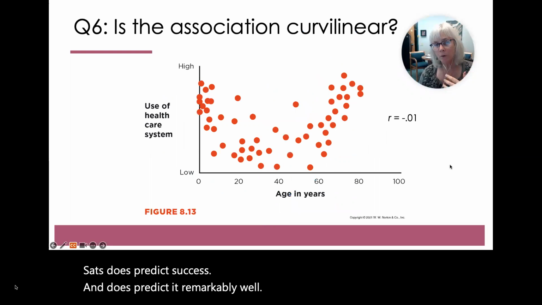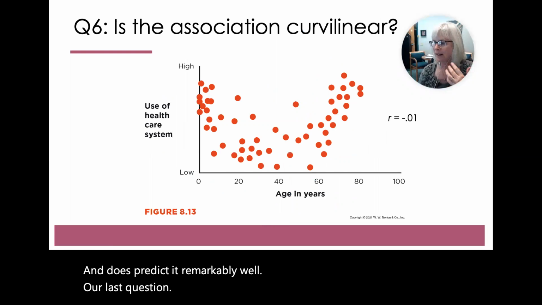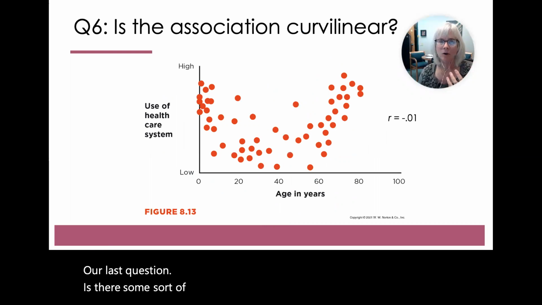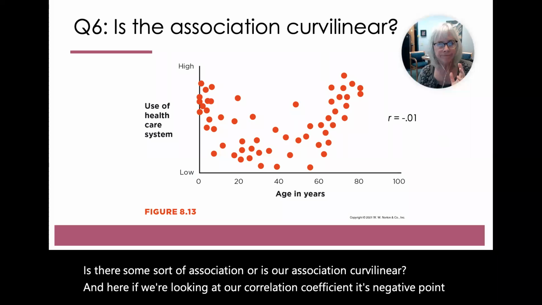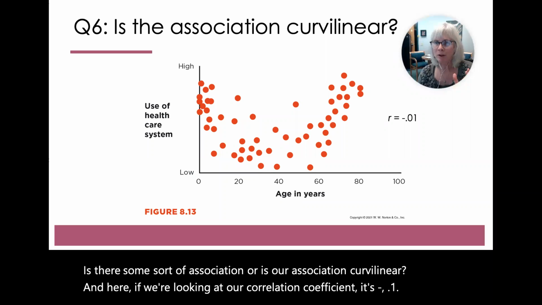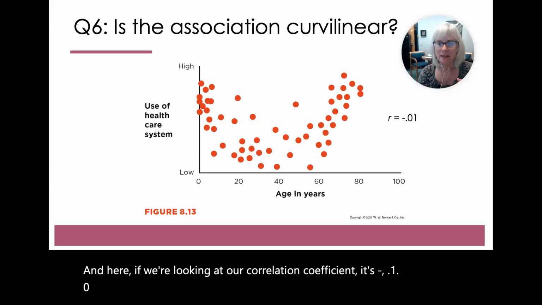Our last question is, is there some sort of association, or is our association curvilinear? And here, if we're looking at our correlation coefficient, it's negative 0.01. Zero correlation, basically.